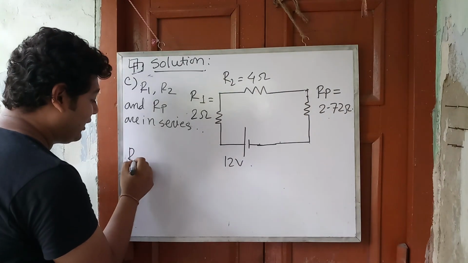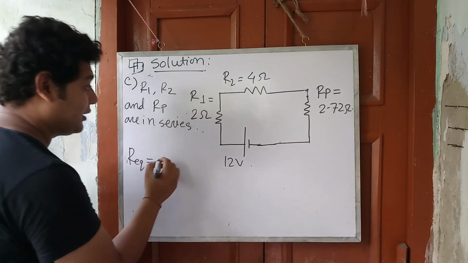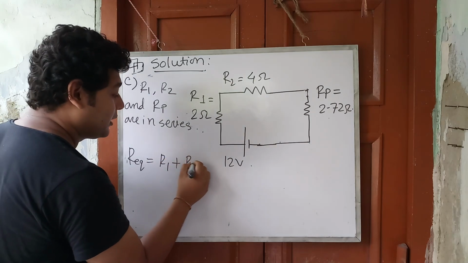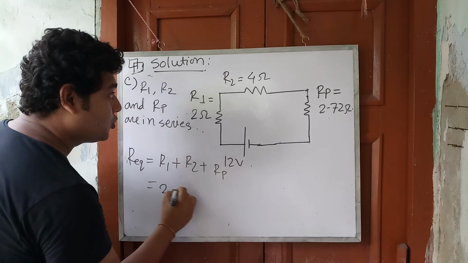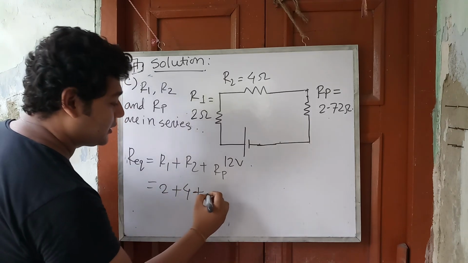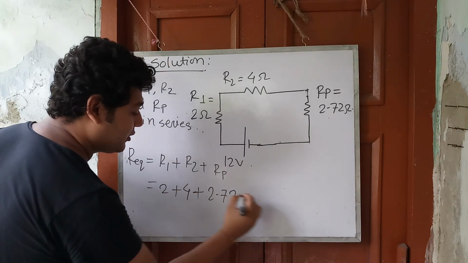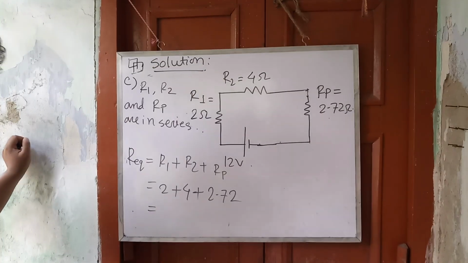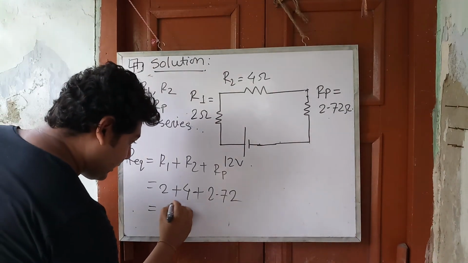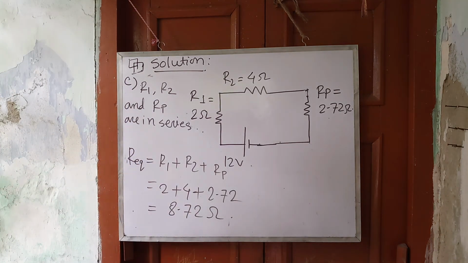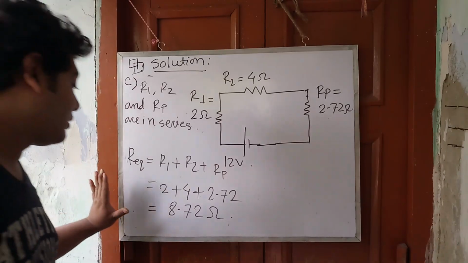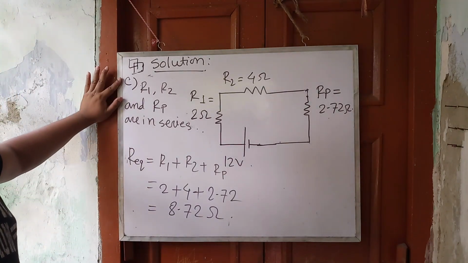So the final equivalent resistance is R1 plus R2 plus Rp. Here we can write 2 plus 4 plus 2.72. Then our final equivalent resistance is 8.72 ohm. Okay, this is our answer for question number C.